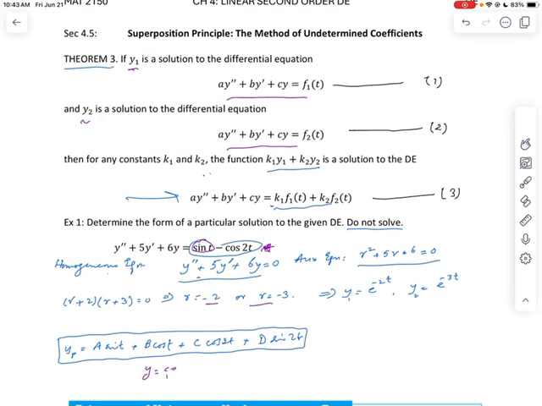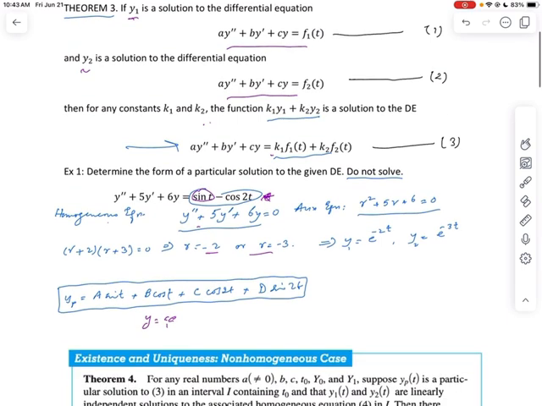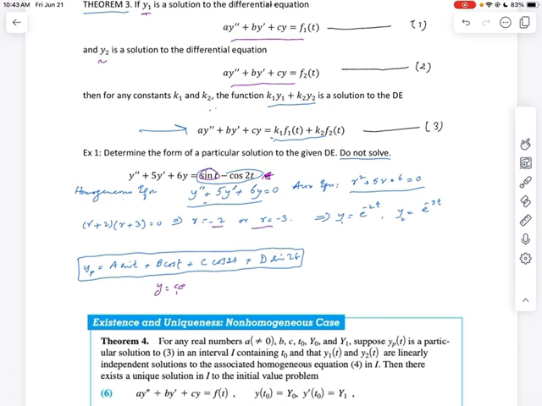Yh will be c1 e to the negative 2t plus c2 e to the negative 3t, and then plus this whole yp, a sine t plus b cosine t plus c sine 2t plus d cosine 2t. That will be the general solution.